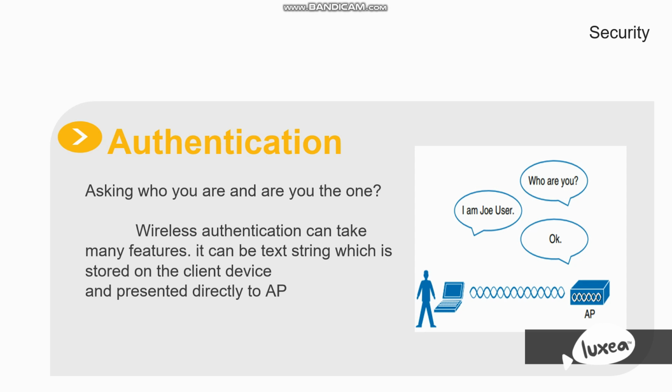Authentication means recognizing the user's identity, such as asking who you are and are you the one? Wireless authentication can take many forms. It can be a text string, which is stored in the client device and presented directly to the AP.